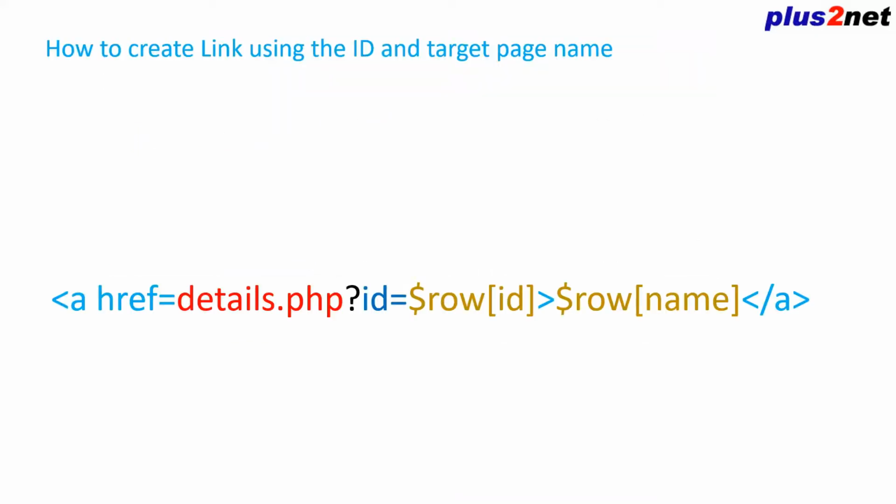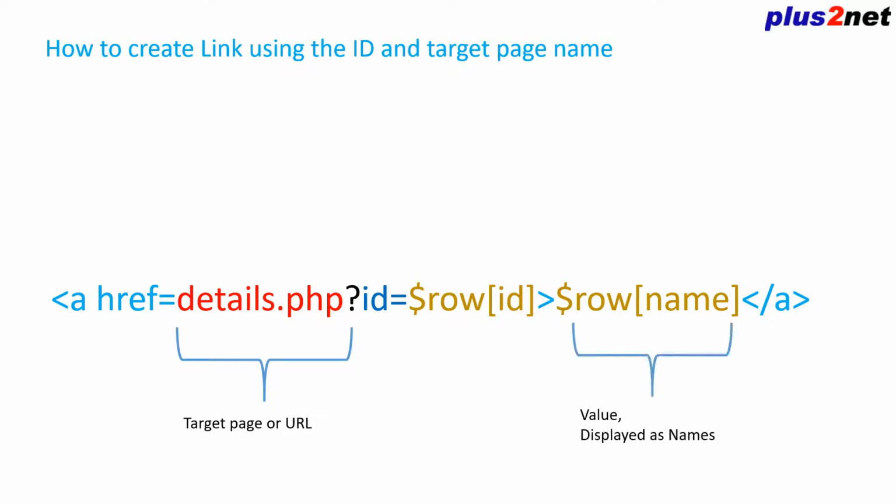Now let us see how this hyperlink is generated. This is our link to the next page. Here is the target page of the URL we have written. This is the name we are displaying already, and this is our name-value pair, which we will use to carry the unique ID of the record for our further processing.